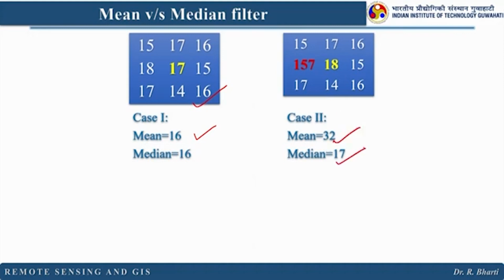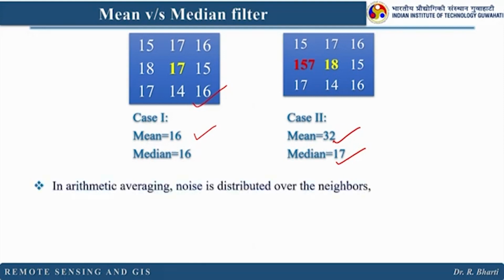Look at this particular value. All the other values, 15, 17, 16, are in the range of 20, right? But here one pixel value has come as 157. That means there is some problem with your image which you have not corrected.